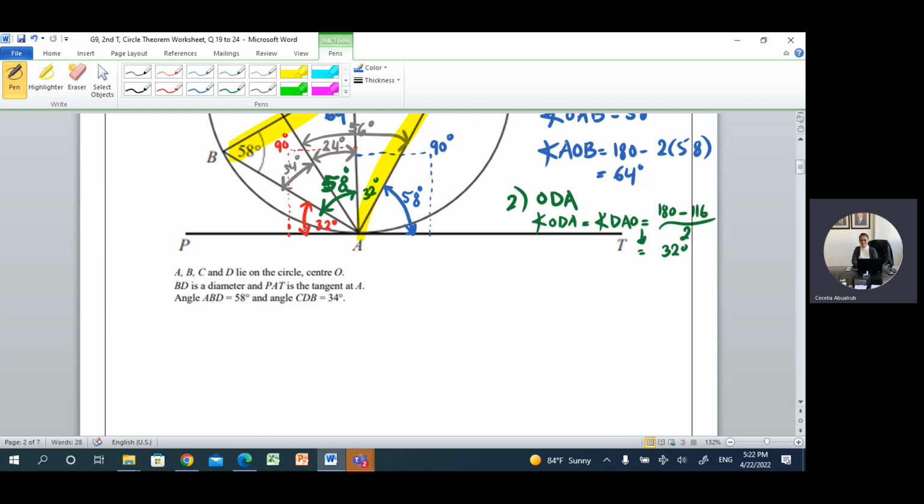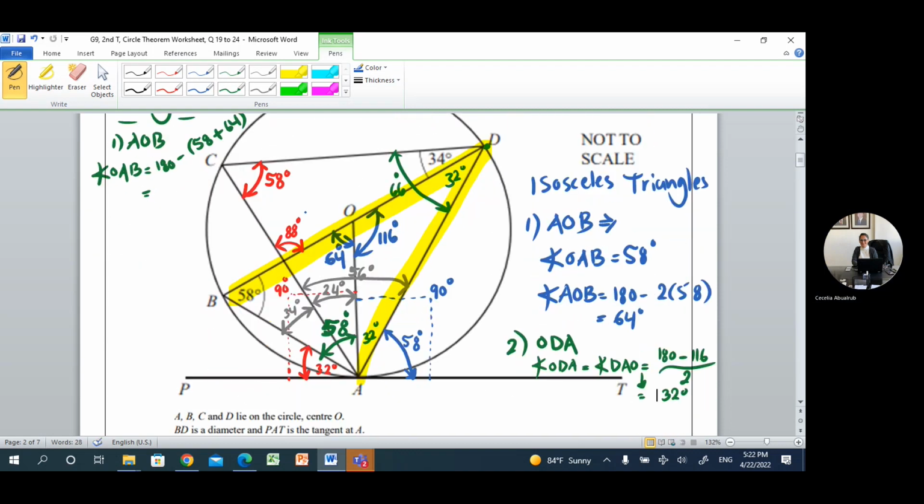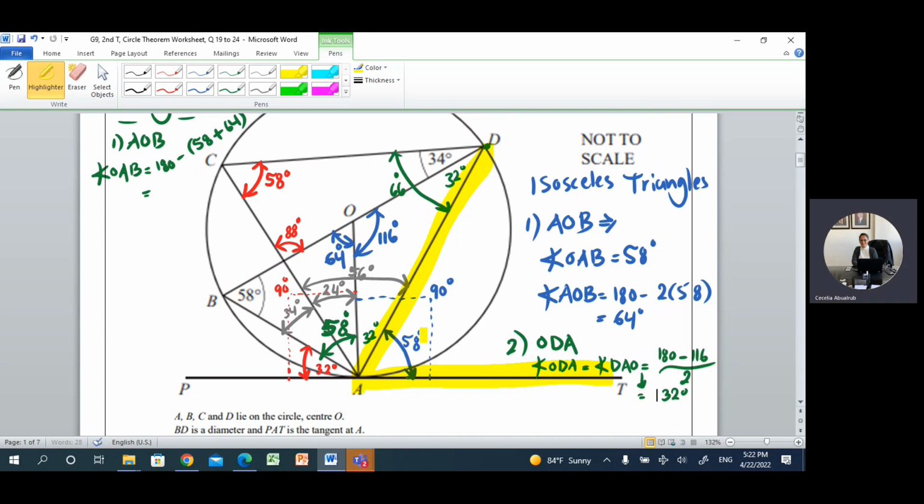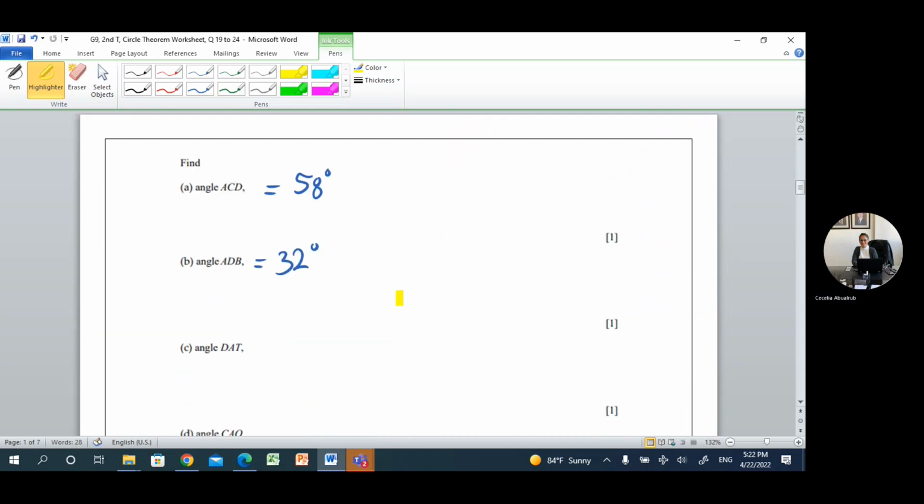And then DAT, this angle is 58, so equals 58 degrees.